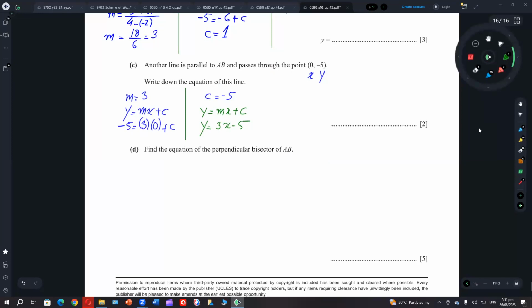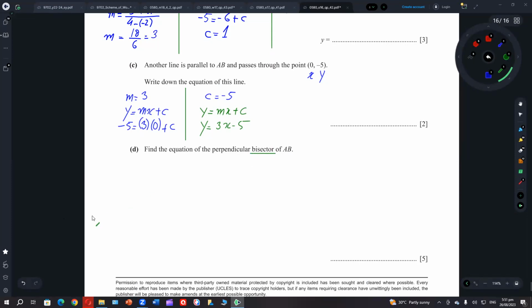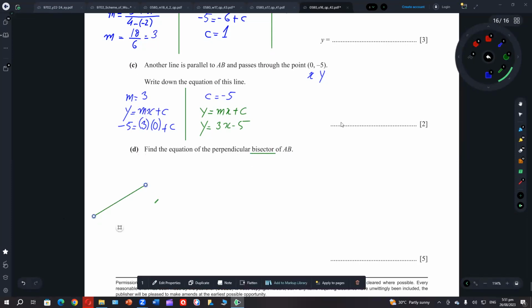Find the equation of the perpendicular bisector of AB. So let's recall what is a perpendicular bisector.